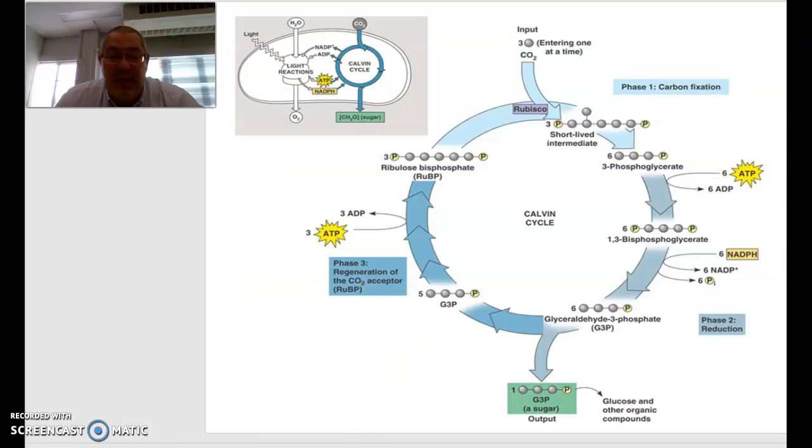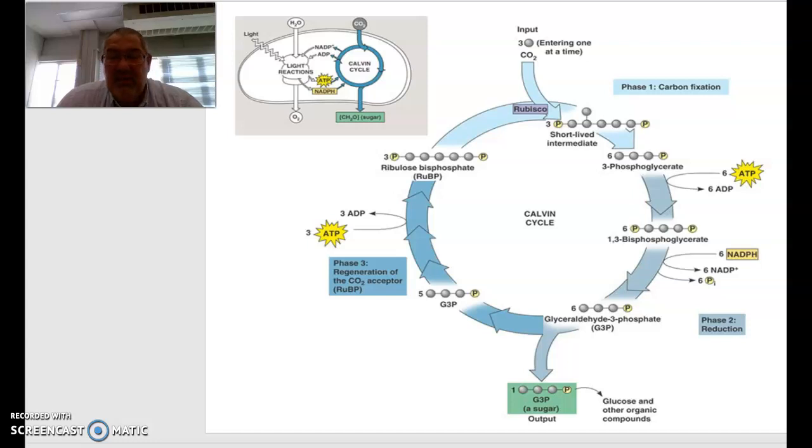The Calvin cycle. In this particular example, 3 molecules of carbon dioxide enter at a time. They are bonded by the enzyme that's referred to as Rubisco. Rubisco is an enzyme that will bond carbon dioxide into this cycle.